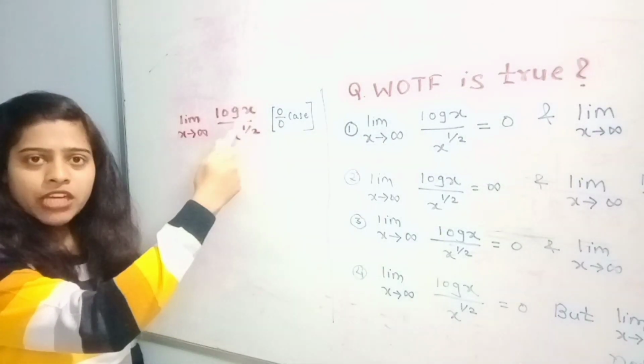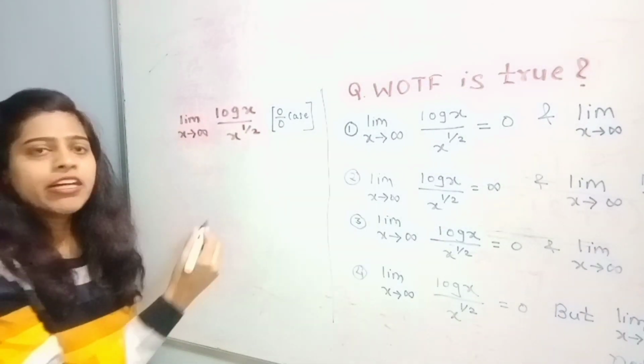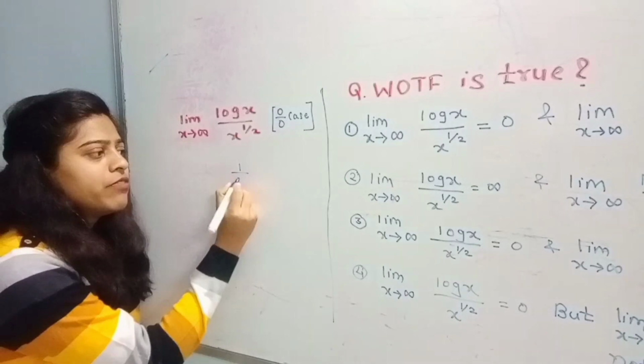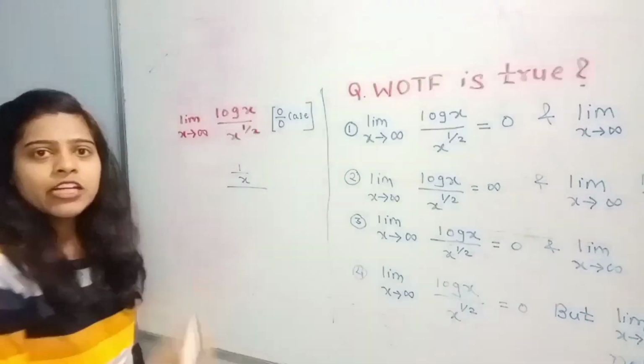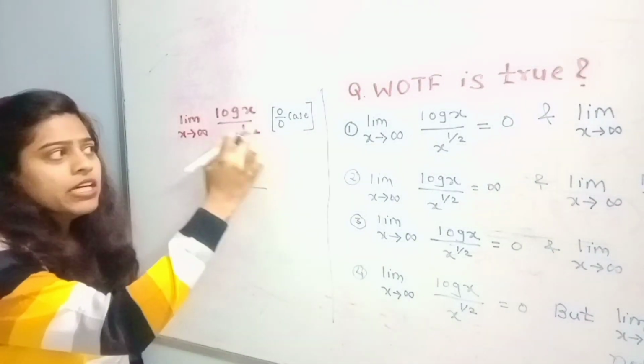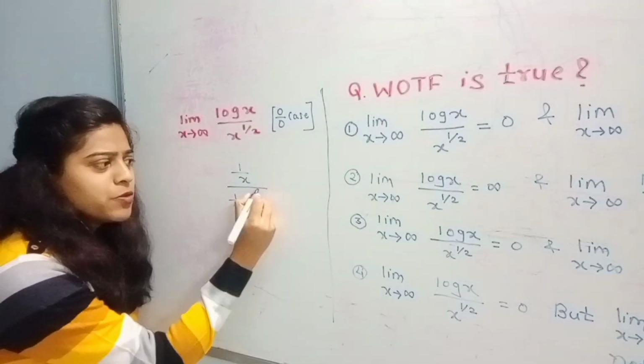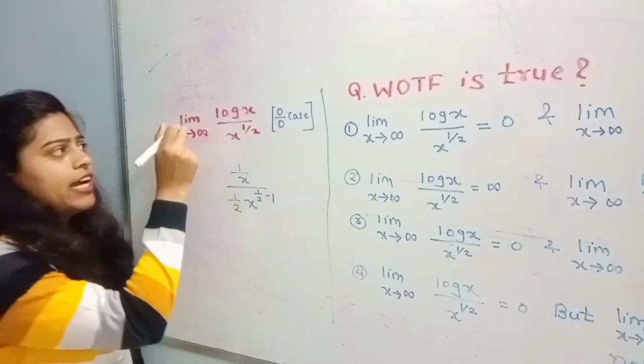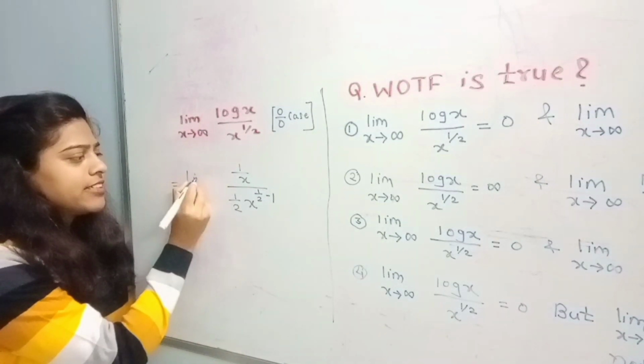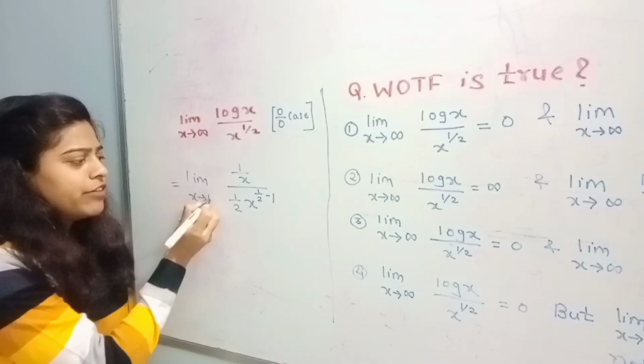In the numerator we have log x and its derivative is 1 by x. Therefore we write 1 by x in the numerator, and the denominator is x raised to 1 by 2. Its derivative is 1 by 2 x raised to 1 by 2 minus 1, and this is limit x tends to infinity.